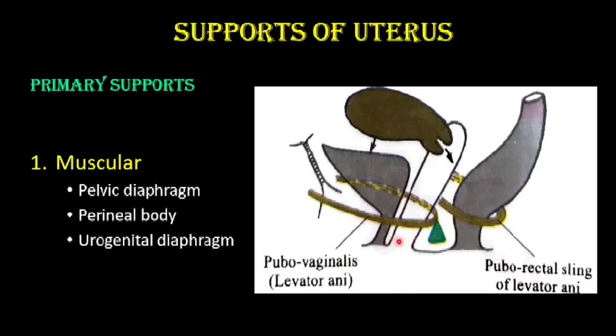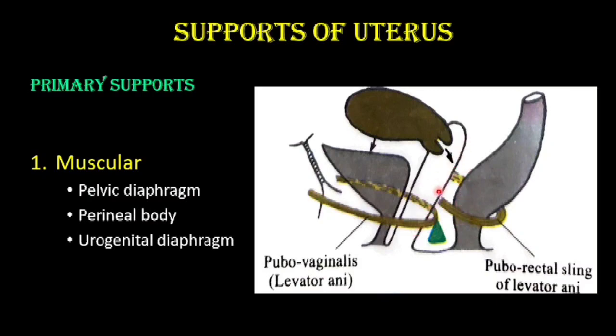And therefore what will happen? It will constrict the vagina from the sides and prevents the tendency of the descent of uterus. Now the puborectal sling, you can see in this diagram, it is a U-shaped sling and it maintains a forward curvature of the anorectal flexure and upon this the posterior wall of the vagina rests.